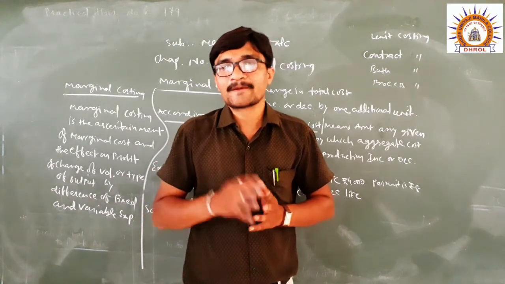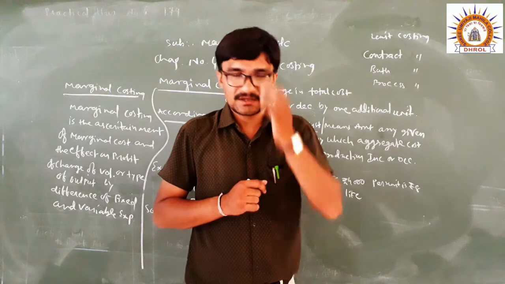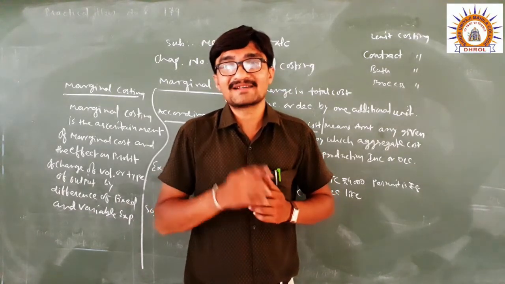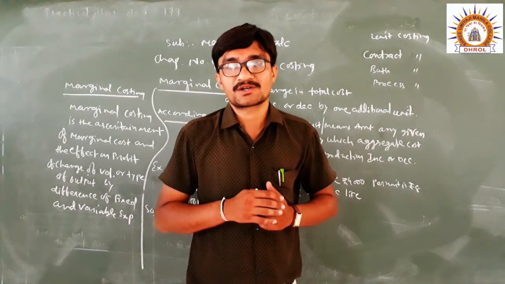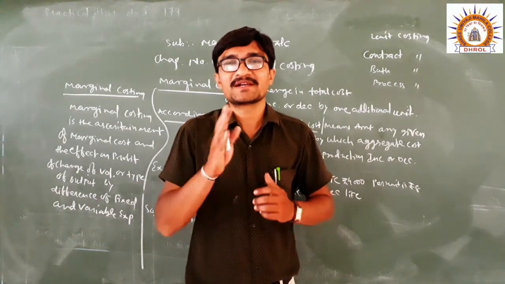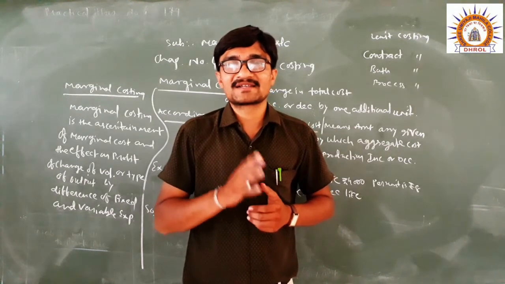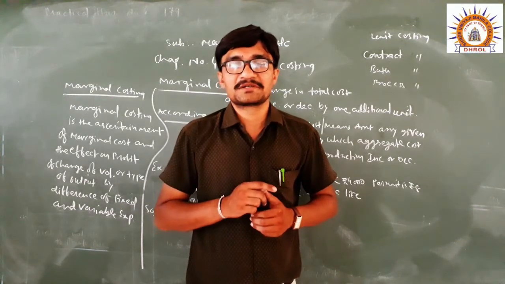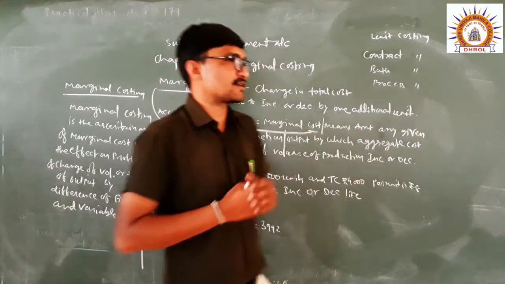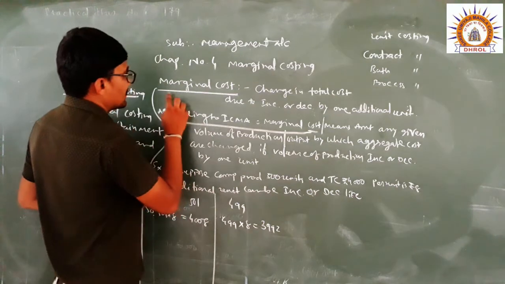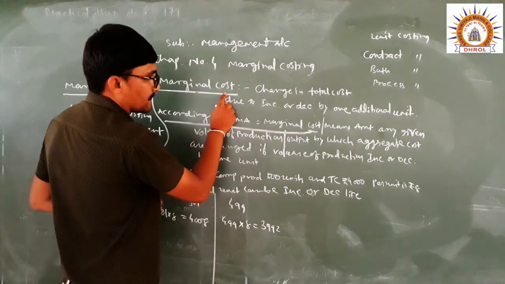So marginal costing directly affects the profit by changing the volume of production, by additional volume. Generally we can say this is the concept of marginal cost. Let us try to understand it.